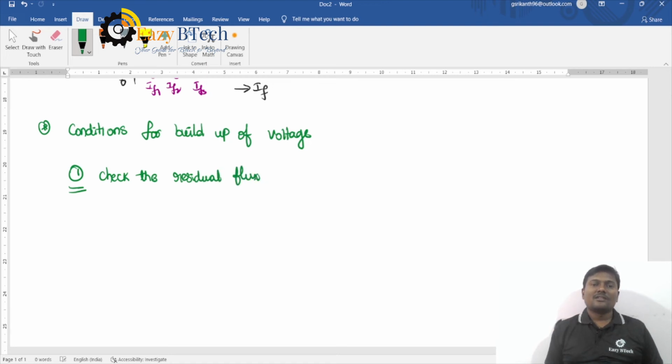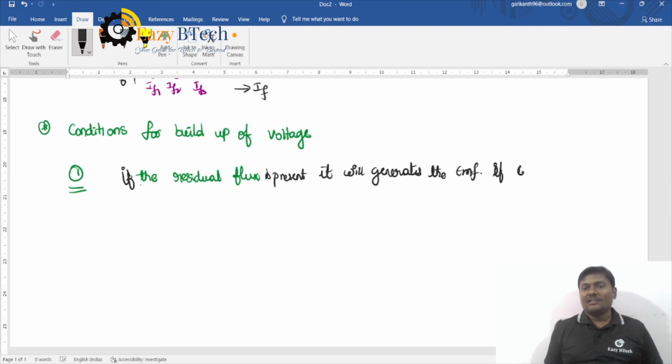If the residual flux is present, it will generate the EMF. That means the armature generates the EMF.